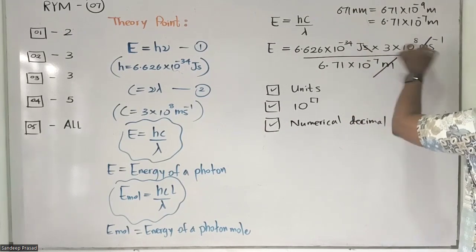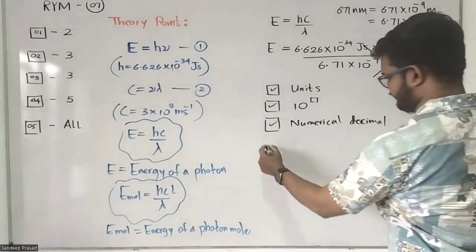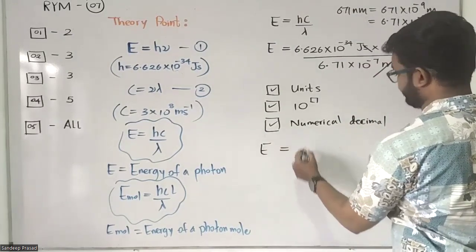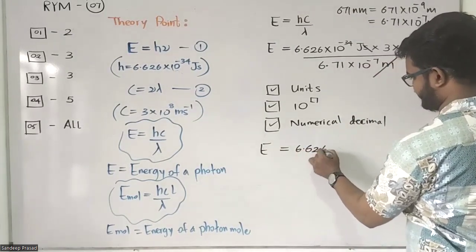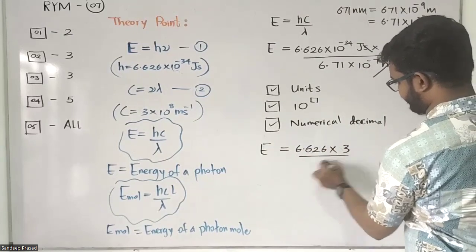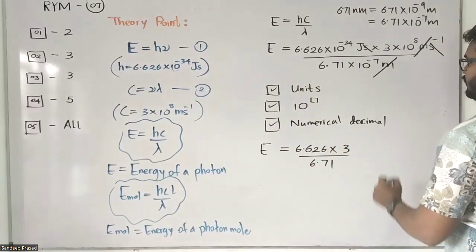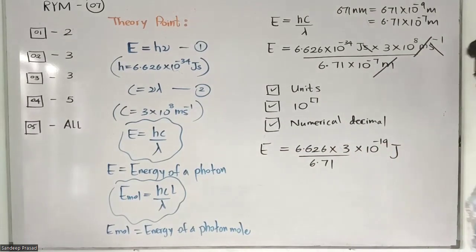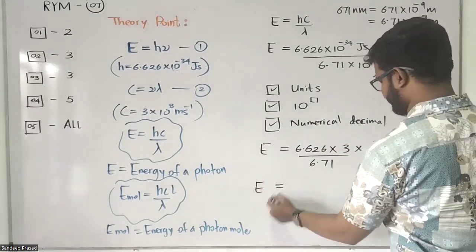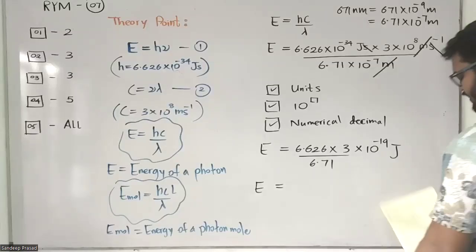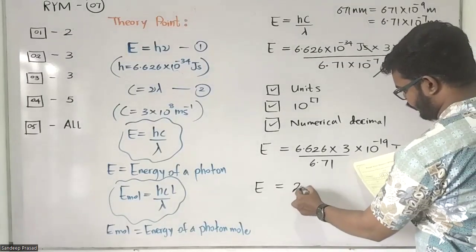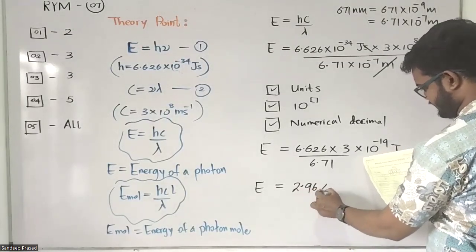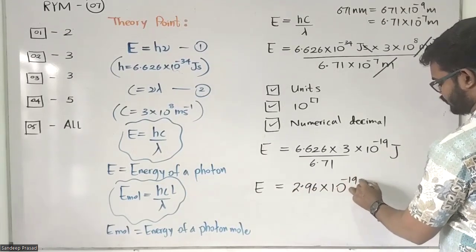Meters will cancel off, second per second will cancel off. So we can say that energy is equal to 6.626 multiplied by 3 divided by 6.71, × 10 to the power minus 19 joules, right? When you simplify this, use the logarithms and find the answer, you will have 2.96 × 10 to the power minus 19 joules.